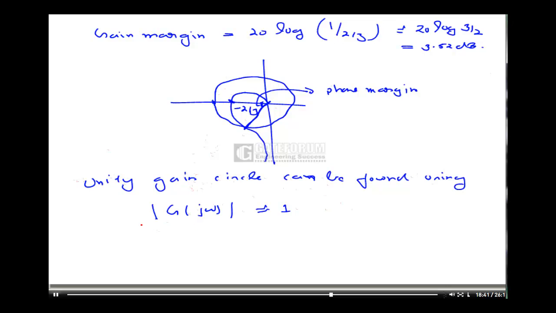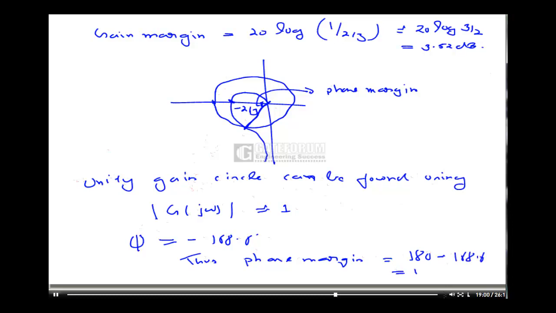At that frequency my phase phi is minus 168.6. Thus phase margin is equal to 180 minus 168.6, which is equal to 11.4. So this is the phase margin of this.